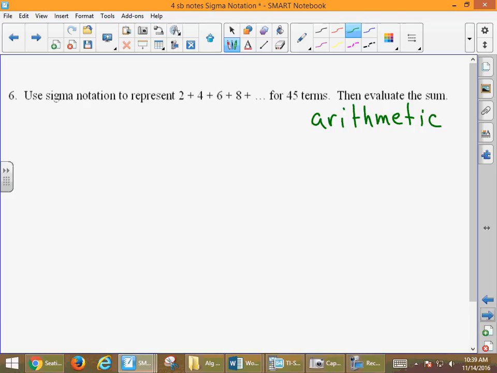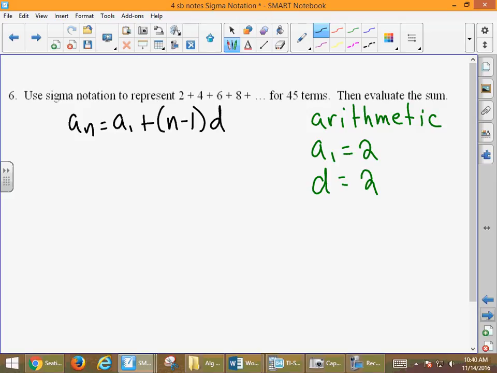So eventually we want to use sigma, and our first step is to find the equation for the nth term. Well, we know that a sub 1 is 2. Our common difference also happens to be 2. And our formula is a sub n equals a sub 1 plus n minus 1 times d. You need to fill in that formula, but we don't know what n is.